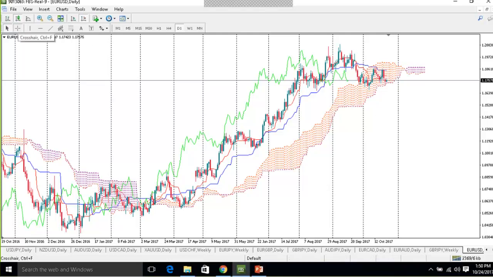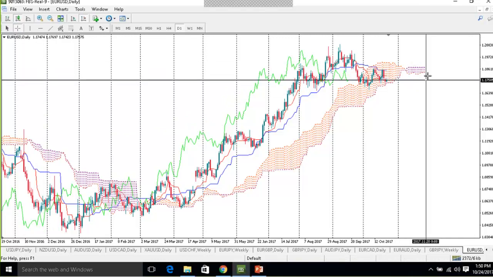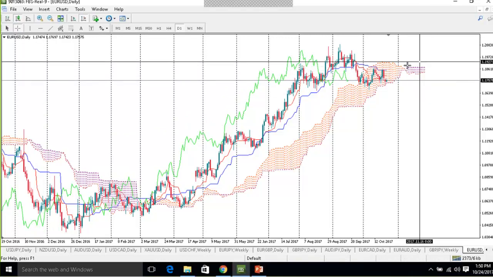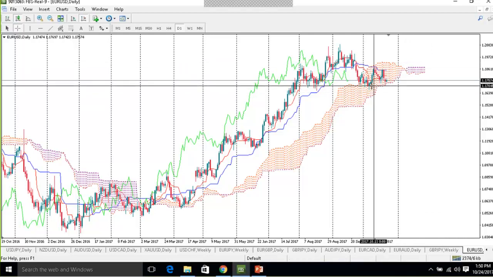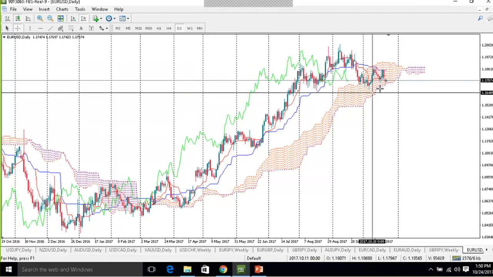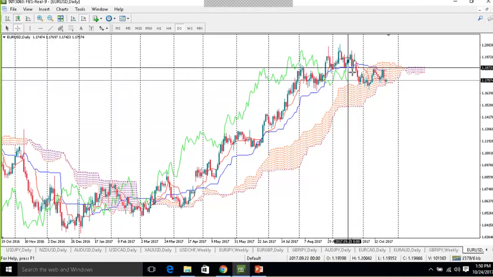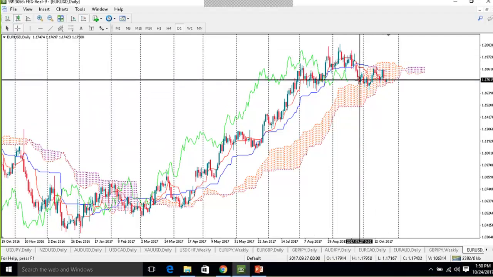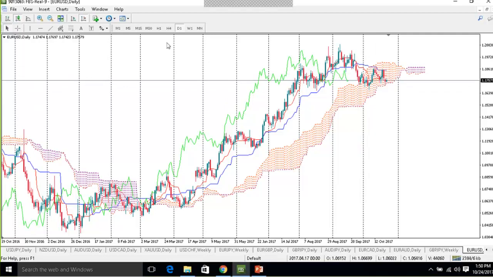So if we use the Ichimoku cloud for support and resistance, we don't look at this future piece of the chart, we use the current chart. So what is directly above and below the price. And of course, we see here, for example, that the price approaches the cloud, so it acts as support.